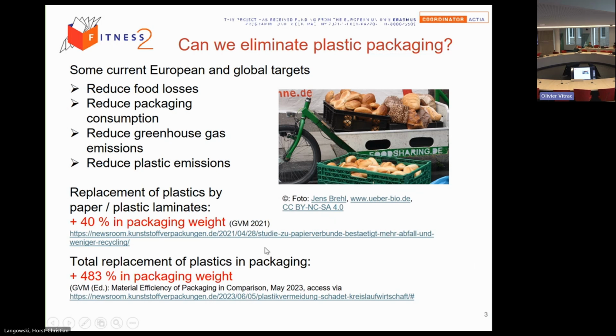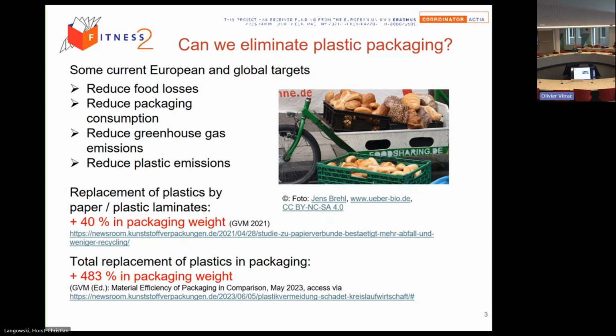We have a German organization, a company, doing a lot of polls and investigations on different packaging strategies, and they stated that if you replace plastics by paper and plastic laminates, you increase the packaging by 40% in weight.